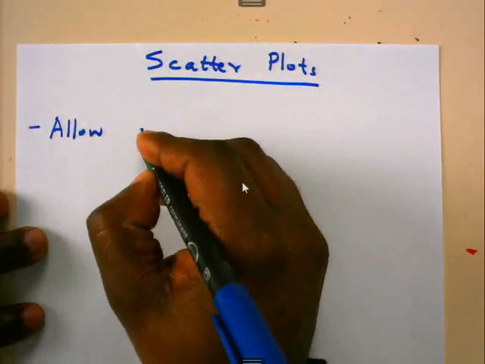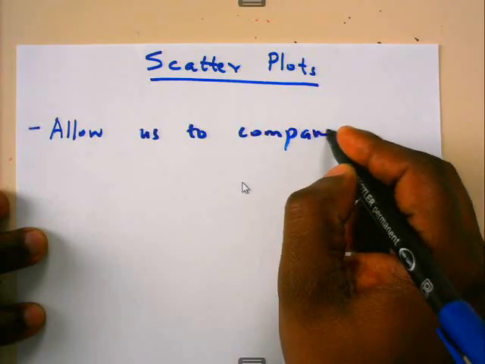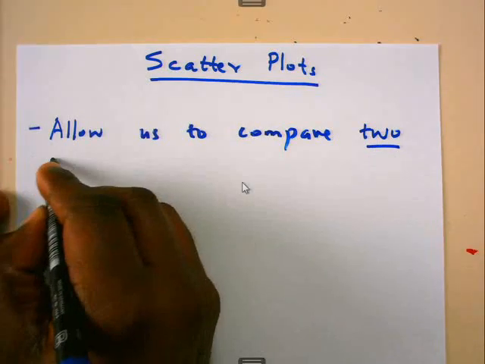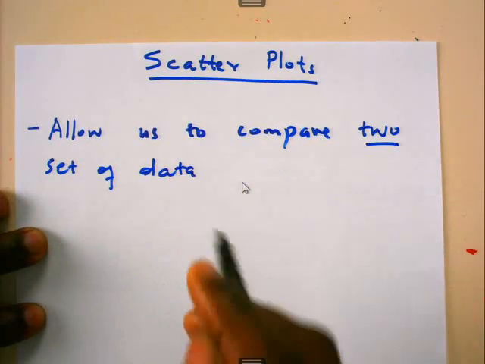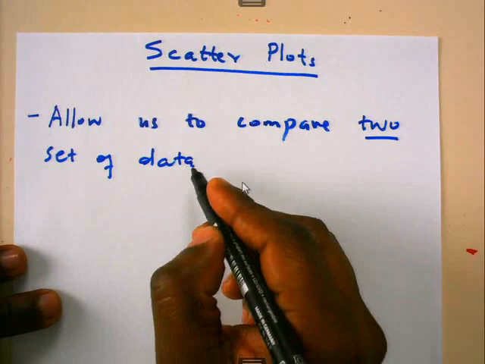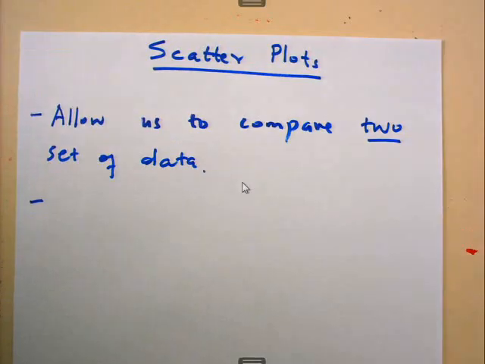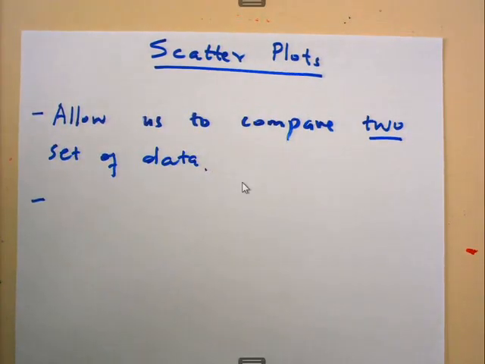They allow us to compare, very important, I want to underline, 2 sets of data. You only draw a scatter plot when you have 2 sets of data. You must be careful that you have ungrouped data that you have dealt with, and grouped data that you have also dealt with in the topic statistics.